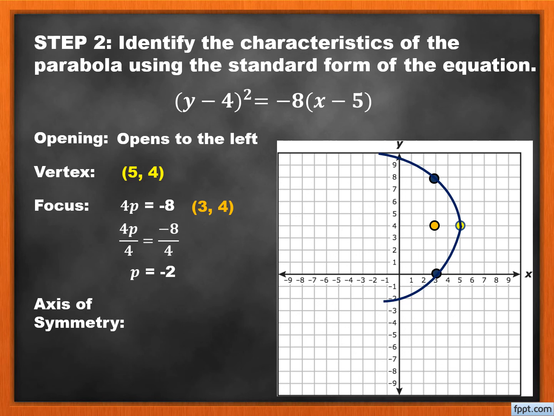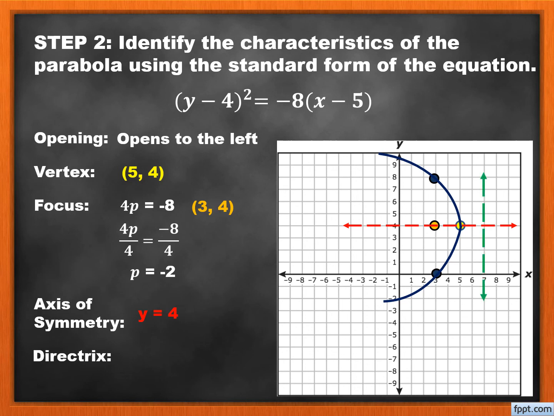For our axis of symmetry, we draw a line passing through our vertex and focus, and since it is a horizontal line, it is in terms of y, and it passes through 4 on the y-axis, therefore our equation is y = 4.